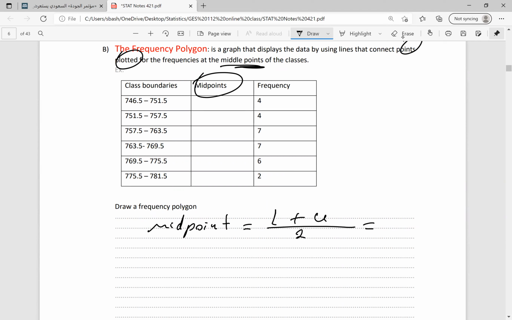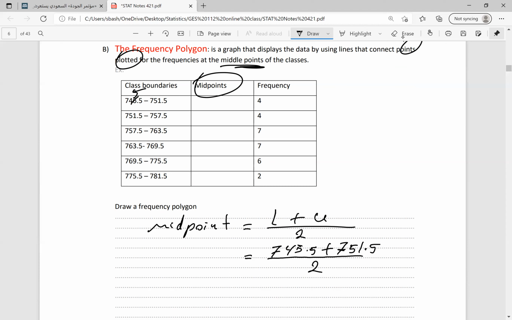For example, in the first one, this is equal to 745.5, it was 745.5, sorry, this is a mistake, plus 751.5 divided by 2. Add the lower boundary plus the upper boundary and divide by 2. This will give me the midpoint for the class.